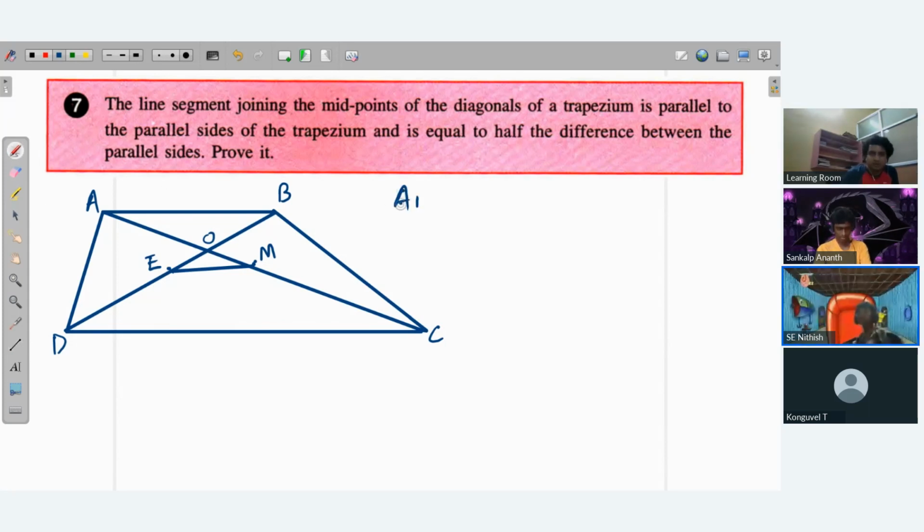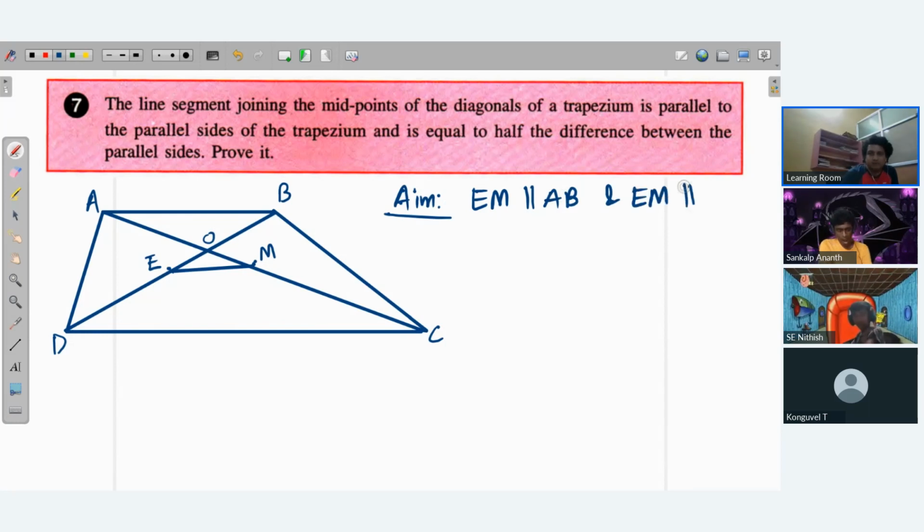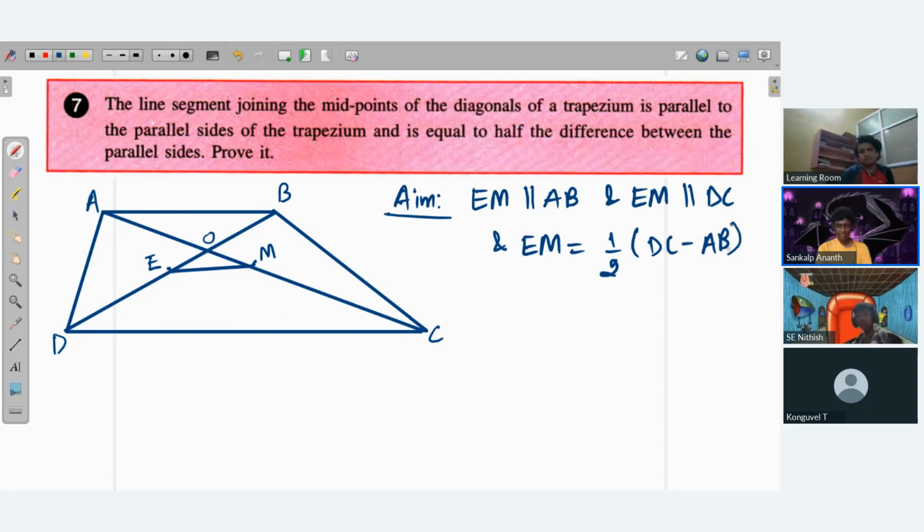So the theorem shows that EM is parallel to AB and DC, and EM is equal to half of DC minus AB. Got the point? Yes, sir. So go ahead.